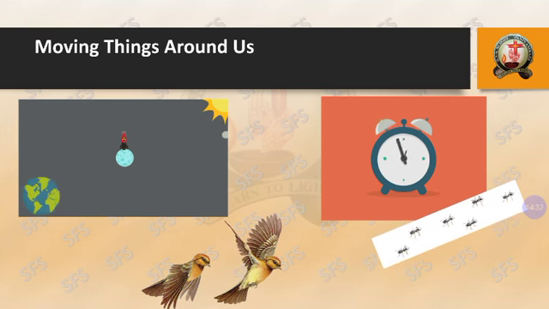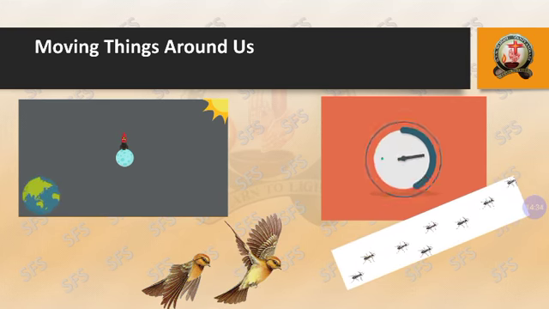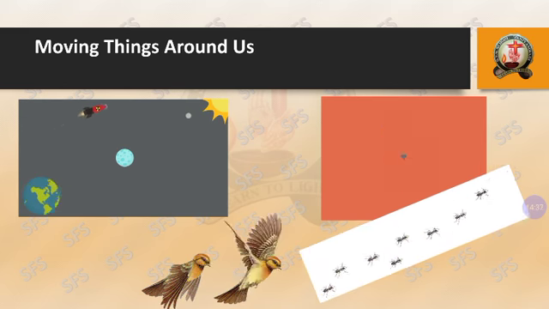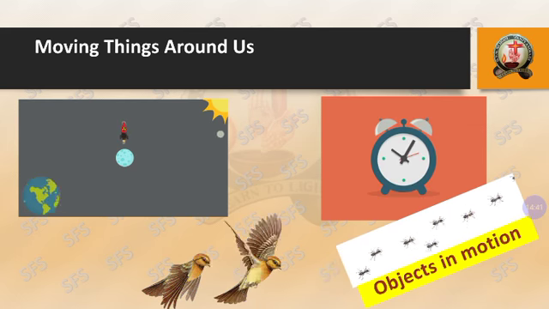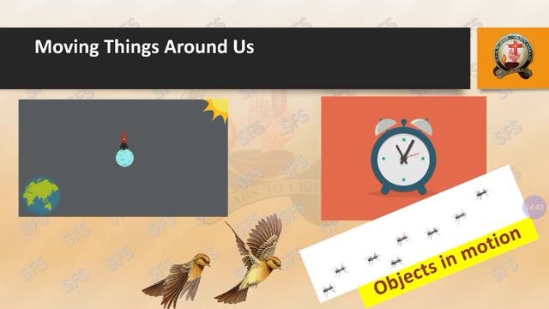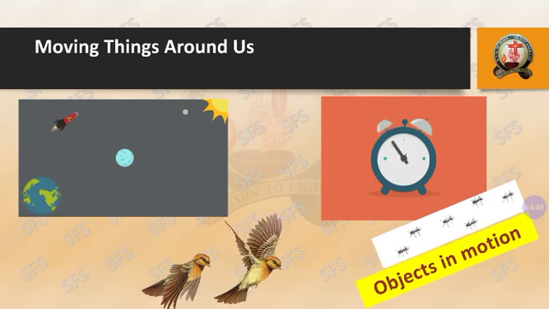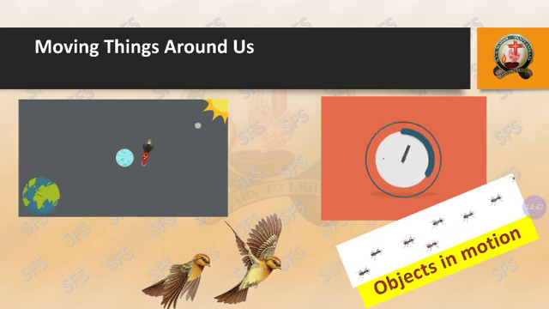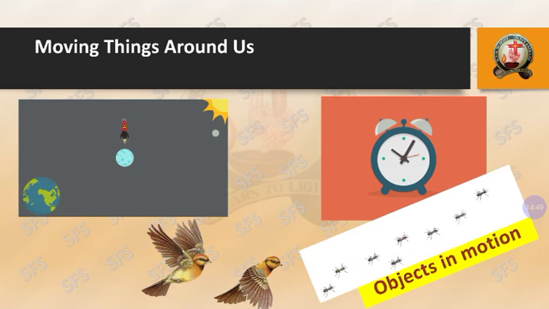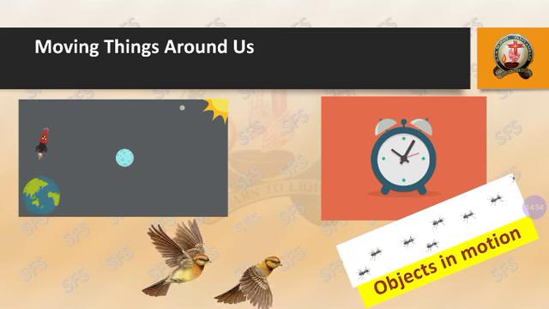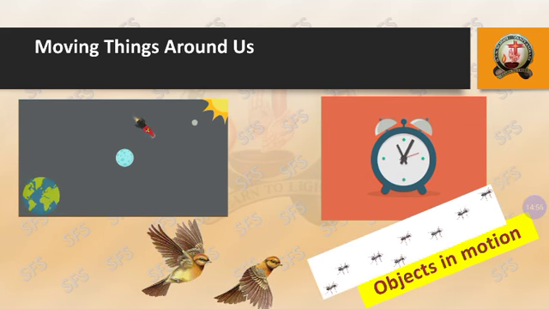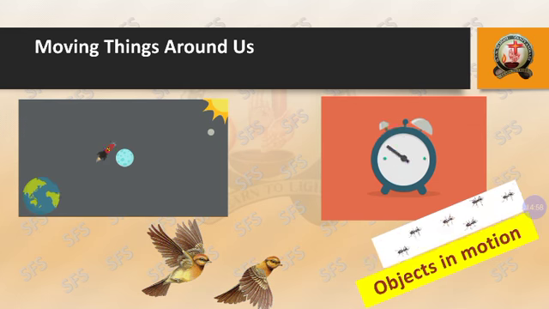What about this? It is ants. Ants are actually moving, right? So can we consider them as objects in motion? Because the previous objects we saw, like a table, a chair, or spectacles, whatever you take, they are not moving automatically.